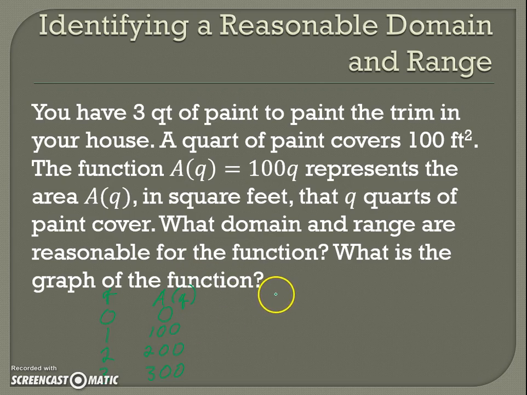And then it says, what is a graph of the function? Your graphs can look very different than this, but this is just the way I do it. I have 0, and then 1, and 2, and 3. There are my quarts of paint. And then here for the area, I'm going up by 100, so let's just make this go up by hundreds.